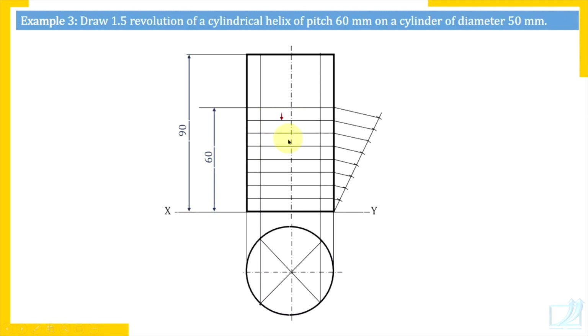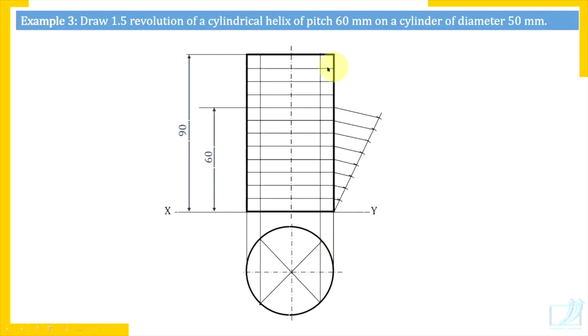Now take the distance between two adjacent horizontal lines and mark 4 divisions here in the remaining portion of the cylinder. So 1, 2, 3 and 4. 8 divisions in 60 millimeters, so of course 4 divisions in the next 30 millimeters.